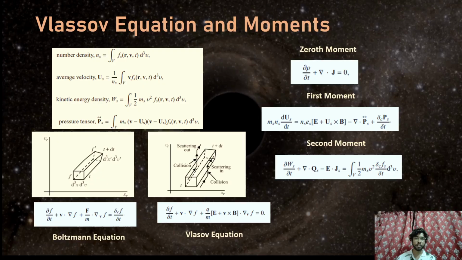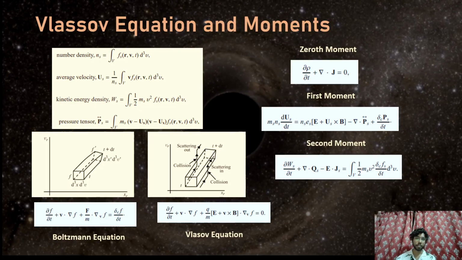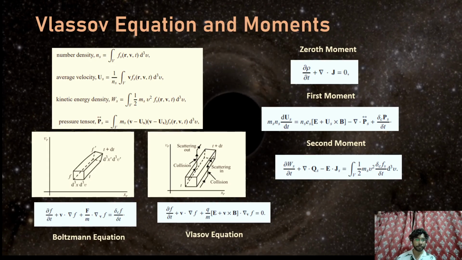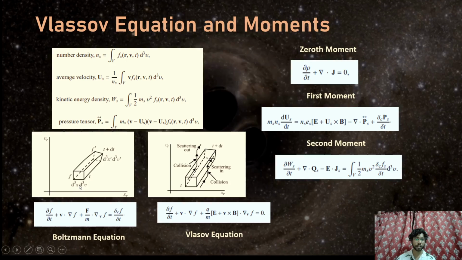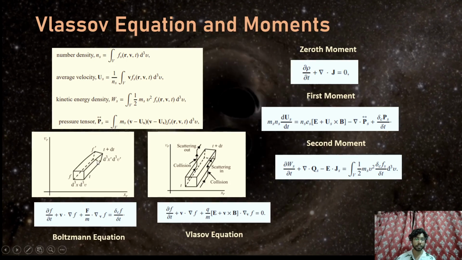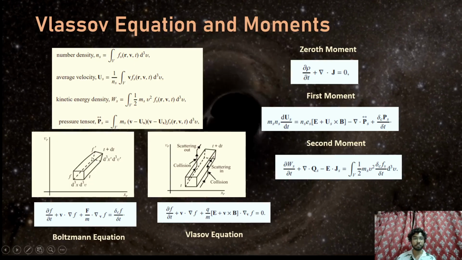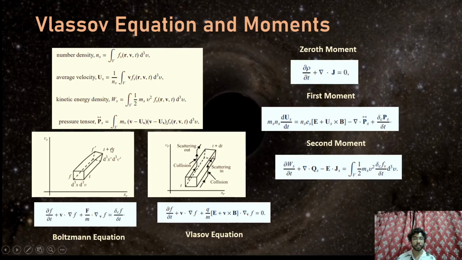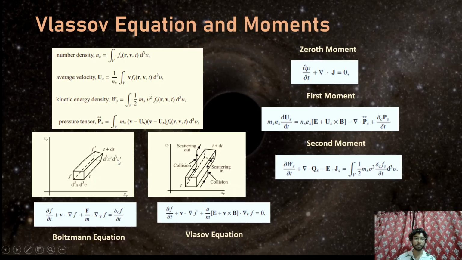These definitions are actually the same as what we did earlier while deriving the hydrodynamic equations, right? So we will consider a small volume in the phase space defined as d3x d3v, and as the phase space evolves in time, we will track this volume, and at the next instant, at t plus dt, this volume will become d3x prime d3v prime, right?